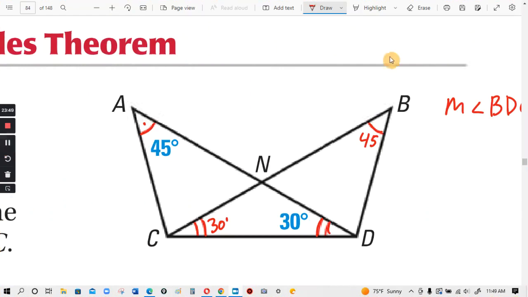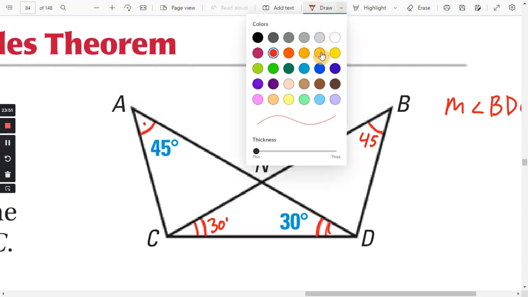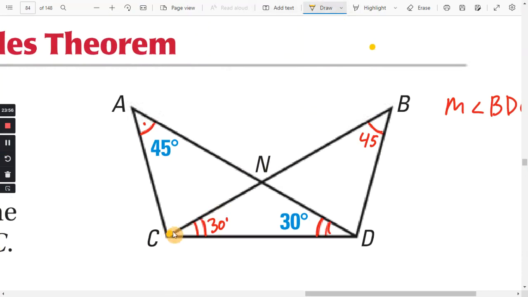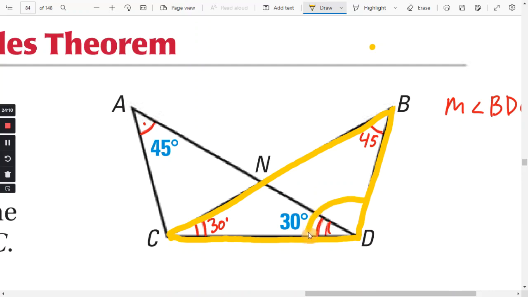Okay, so I'll highlight the triangle in yellow in case you didn't see it yet. We are looking at this triangle right here, and we're looking to find BDC, this whole thing.